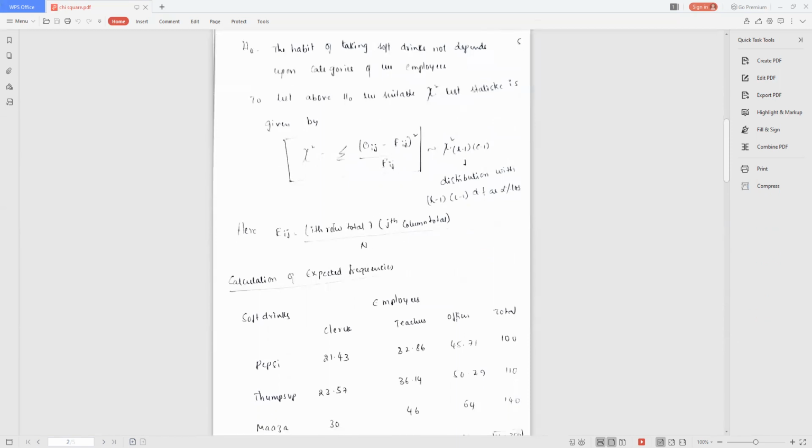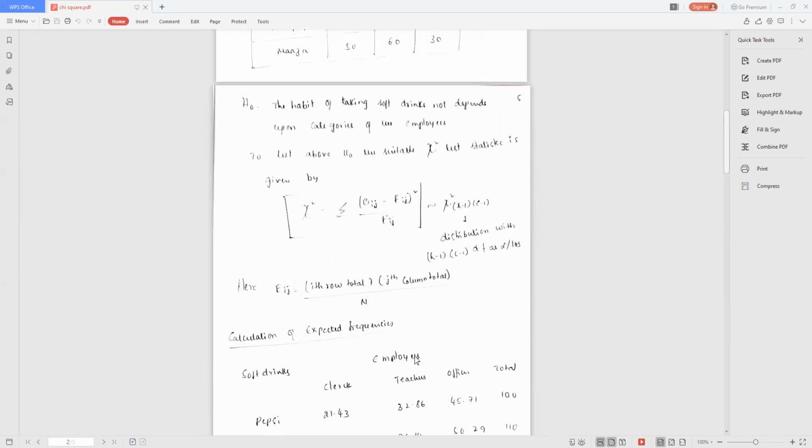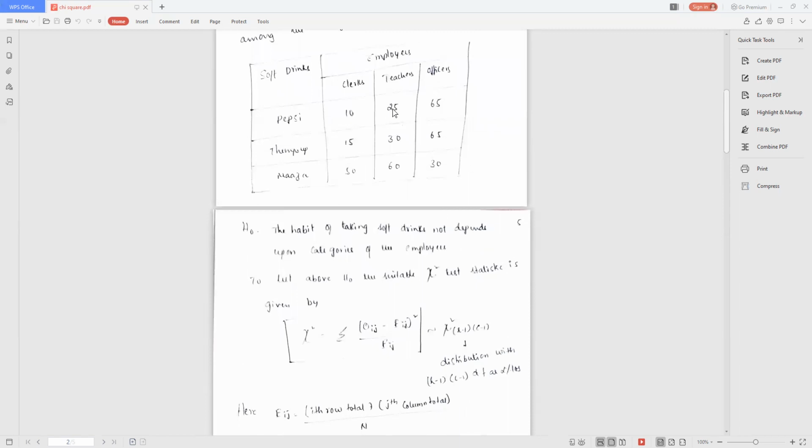If you substitute in this formula, 100 into 75 divided by 350, you will get 21.43. In the same way, for how we got this 32.86, you add 10 plus 25 plus 65 to get one value, into 25 plus 30 plus 60, which gives some value.